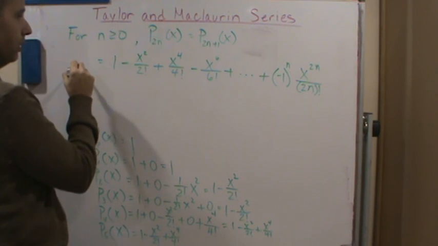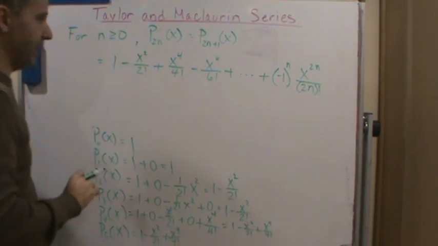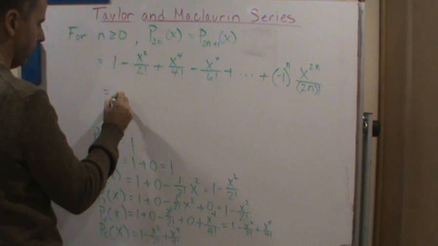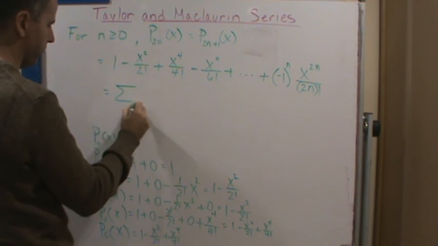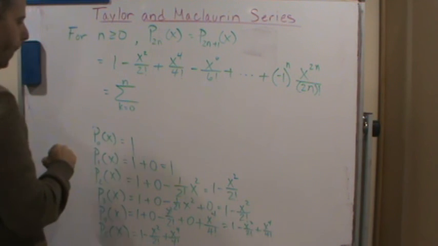So this is equal to this, which equals this, right? So now how do I represent this then? Well, I'm going to write this as the following. This is going to be the summation of k equals 0 to n.